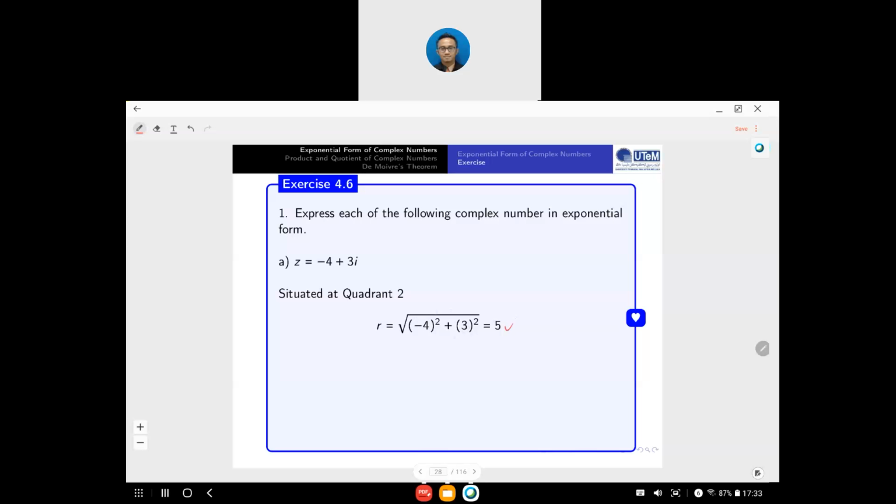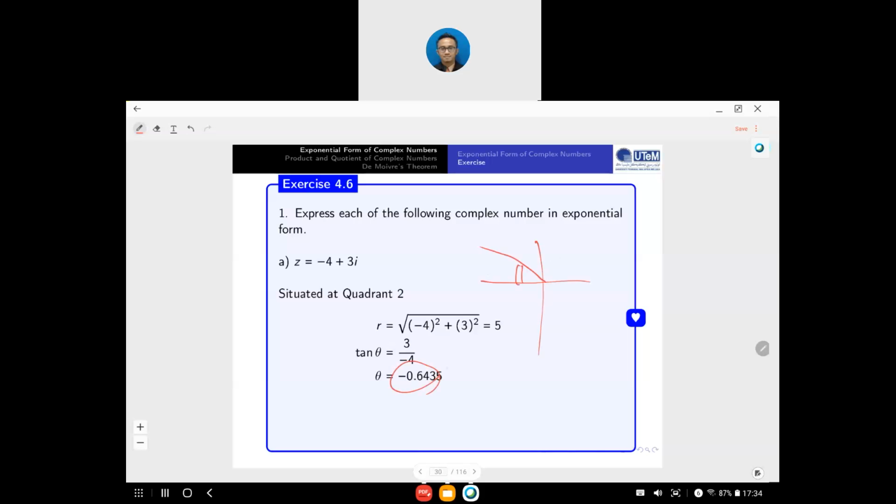And then you can find theta. Theta equals b over a, your b equals 3 and your a equals negative 4. When you press your calculator, you get negative 0.6435. We know that it is placed in the second quadrant, so you need to adjust the value given by your calculator.